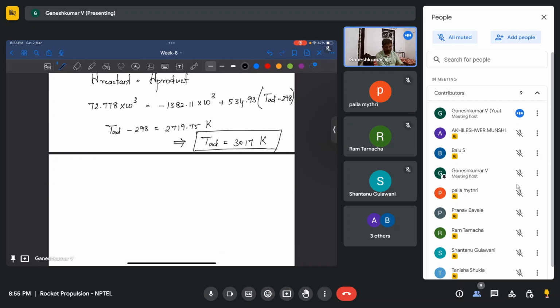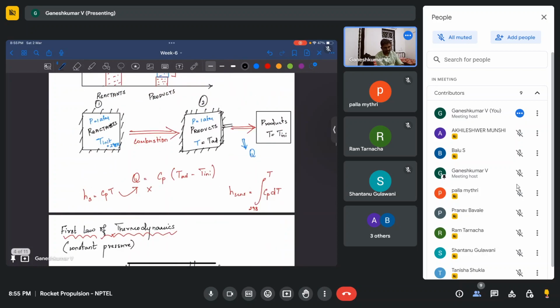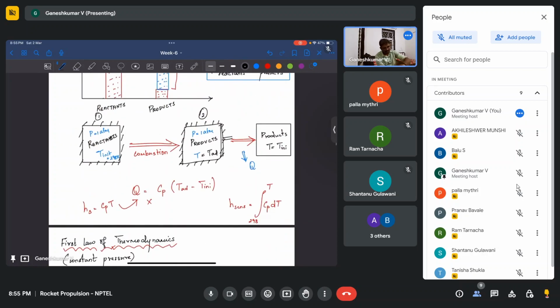There you first find this Q directly and then find the adiabatic flame temperature. What I am doing is the reverse: since I don't need to go from 1 to 3, when I have the in-between steps, I can directly find the adiabatic flame temperature from 1 and 2.